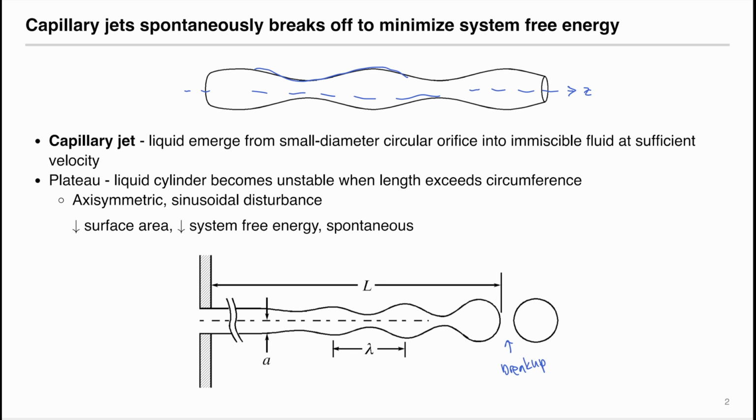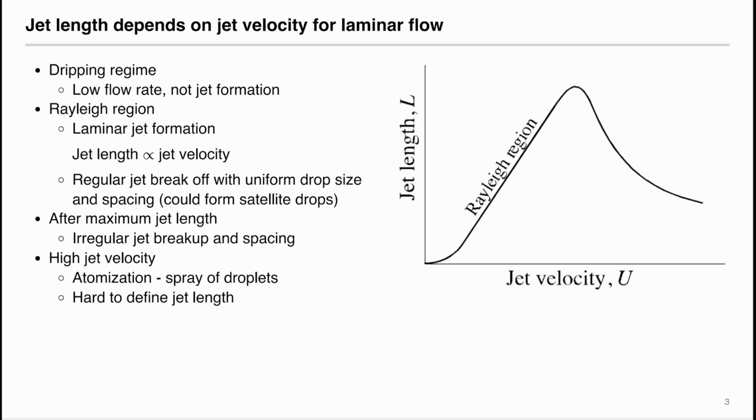So instead of having a jet that is continuous, it breaks up into droplets. These droplets will have lower surface area, therefore minimizing surface free energy, and the process of breaking up capillary jets is therefore spontaneous.